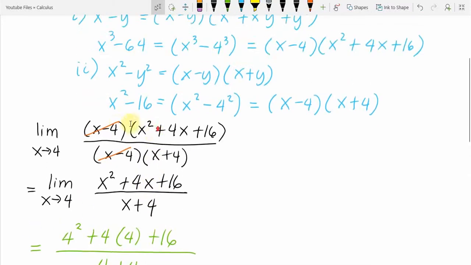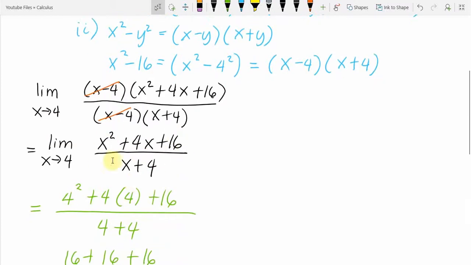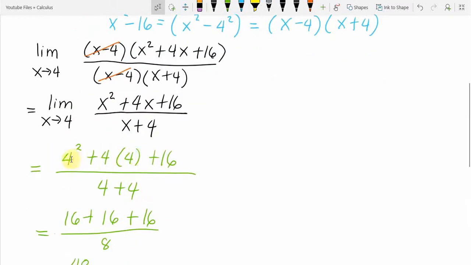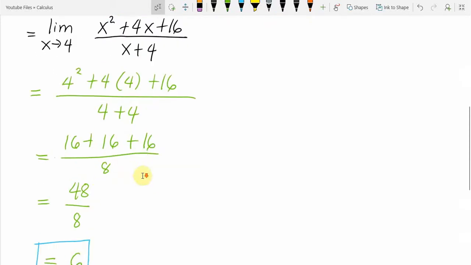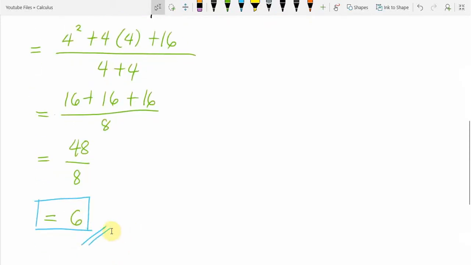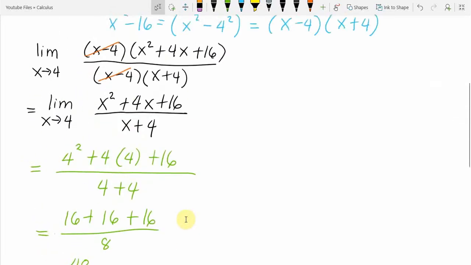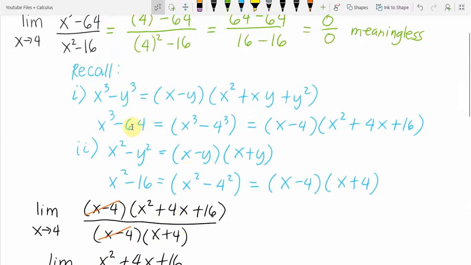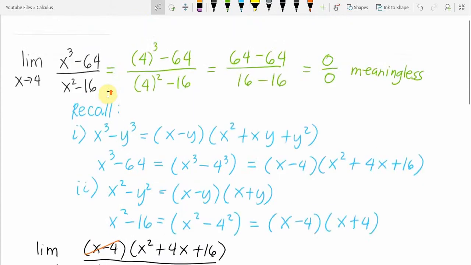So basically, x minus 4 is cancelled out here, so that we are left with a result that can be directly substituted with 4 that will give a 6 in the end. So we need to be proficient with the factoring techniques in evaluating indeterminate forms. These are actually indeterminate forms.